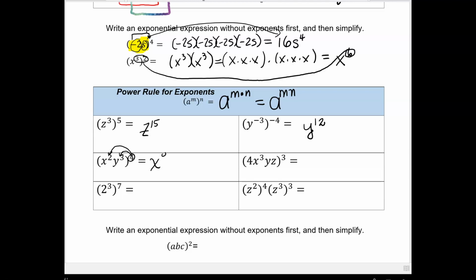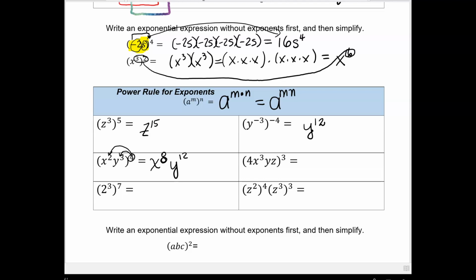So that's x to the 8th power, y to the 12th power. Notice here, since x and y are not the same base, we do not use the multiplication rule, where we add the exponents, because we do not have the same base.